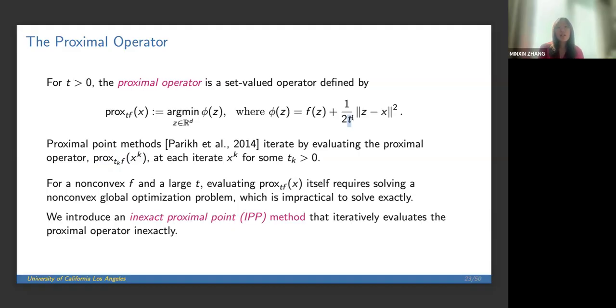If this t is large, then evaluating the proximal operator itself is a very difficult non-convex global optimization problem, which is impractical to solve exactly. We introduce a class of inexact proximal point algorithms that iteratively evaluate this proximal operator inexactly.